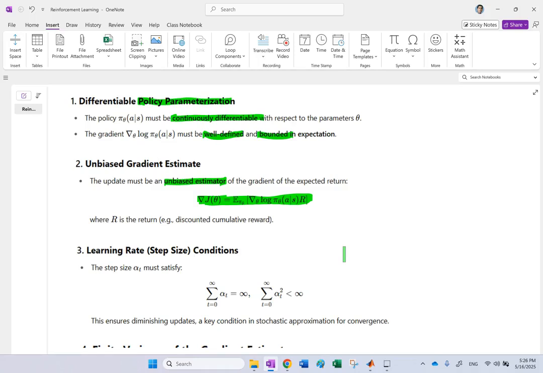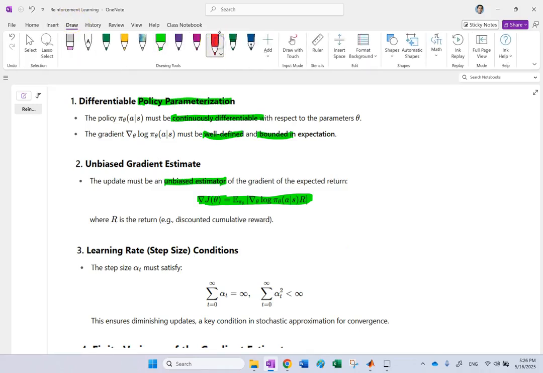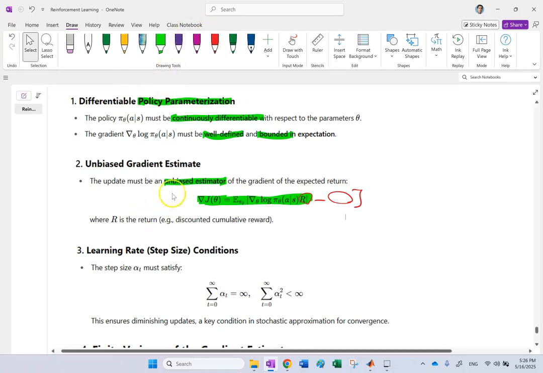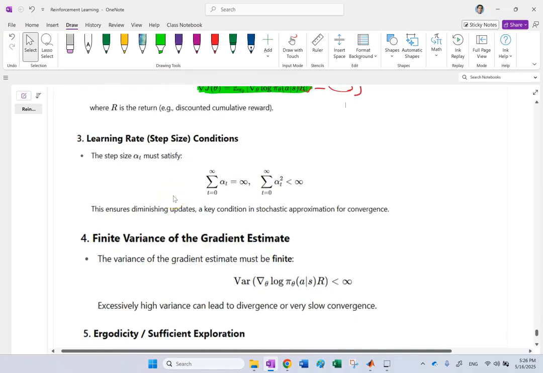Many times this estimate that we calculate here, this expected value, is actually biased, and that is why in some of the algorithms you see that they subtract some baseline when they calculate this gradient. I don't want to get into that right now, but there is that condition as well.